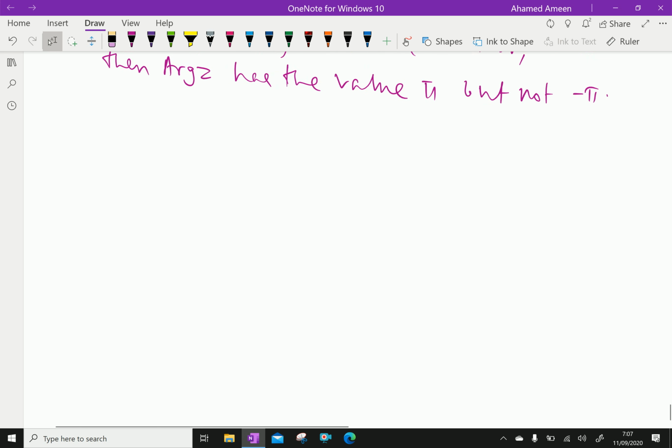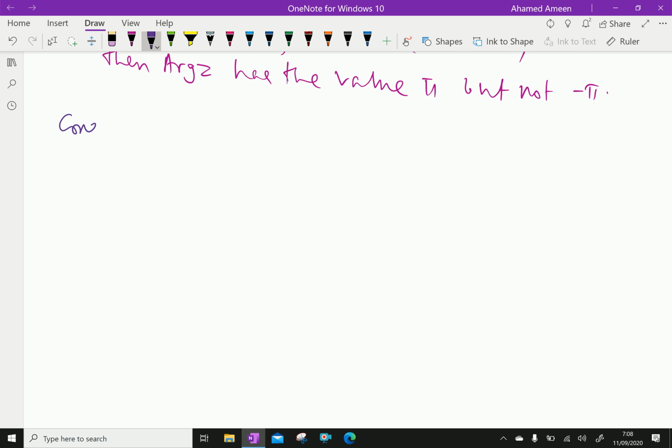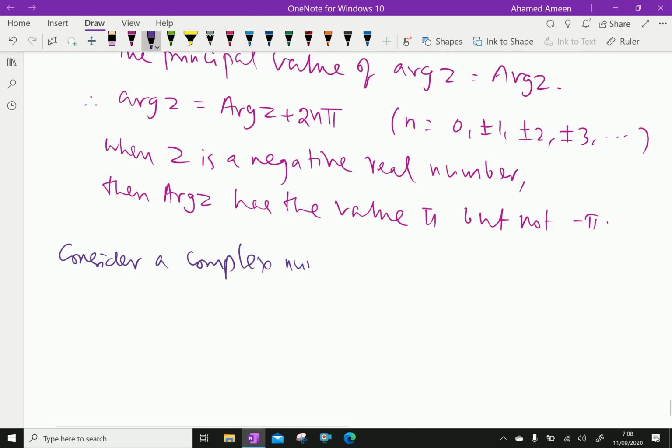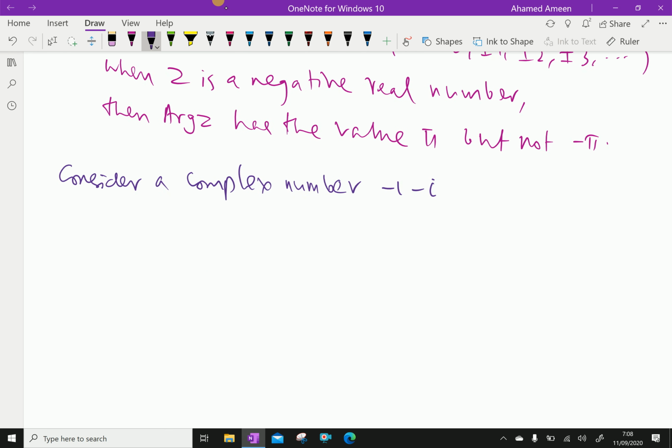Consider a complex number minus 1 minus i, which lies in the third quadrant, because the real value is negative and the imaginary value is negative too.